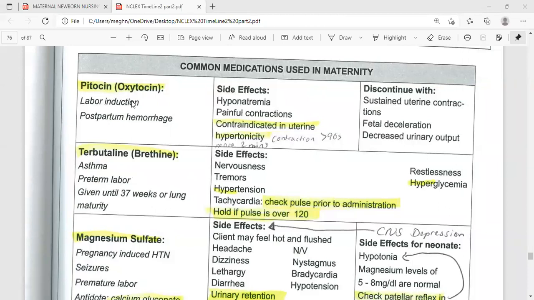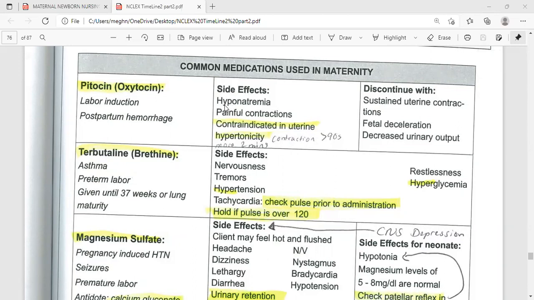So when you give the pitone, it is important to monitor mother and fetal heart rate, because pitone has some side effects. What are they?